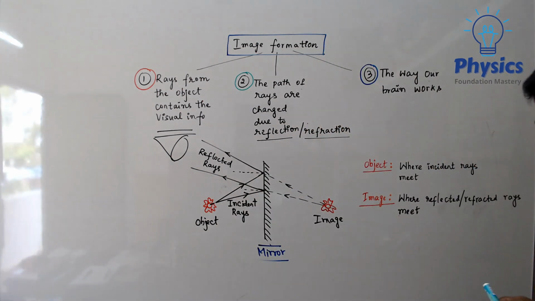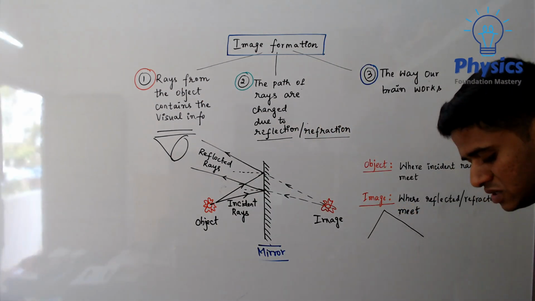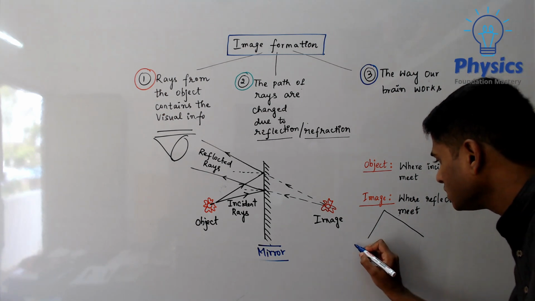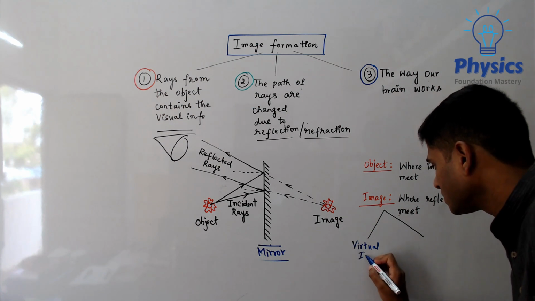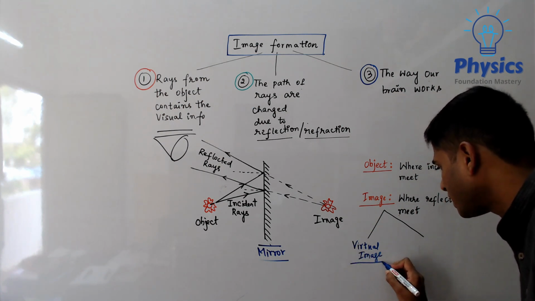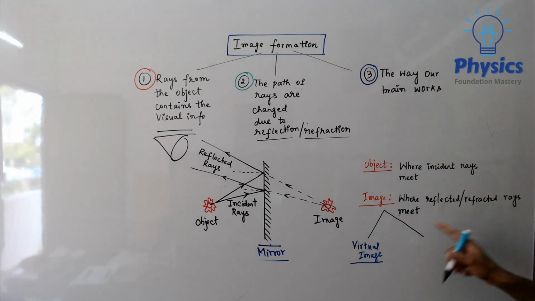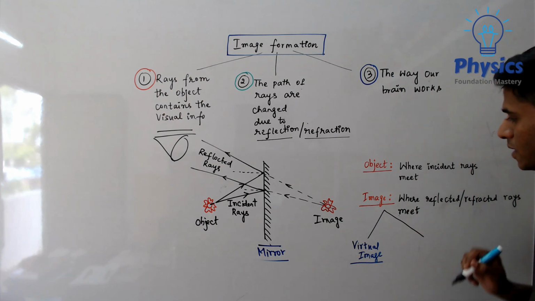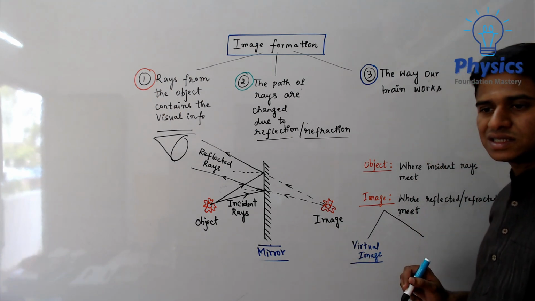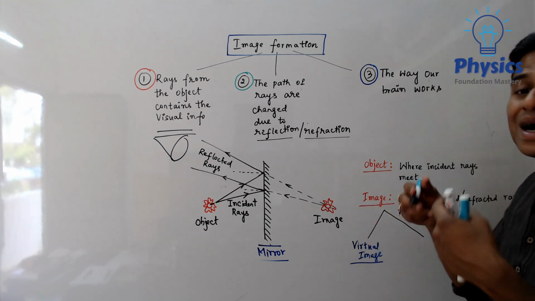So you have two types of images. One is the virtual image. Just now I have spoken about it. What is a virtual image? See, what is an image? Where reflected rays or refracted rays meet. But in the virtual image case, the reflected rays do not actually meet, but they appear to meet.